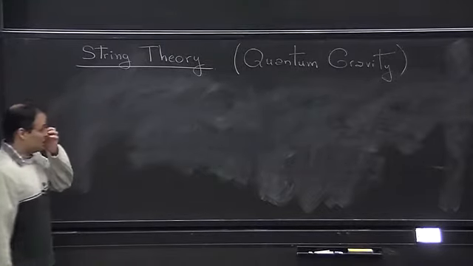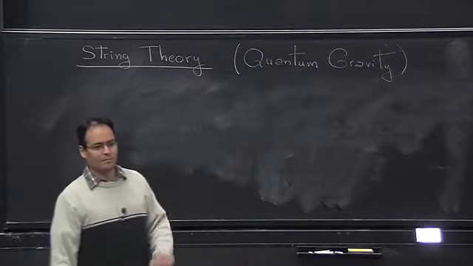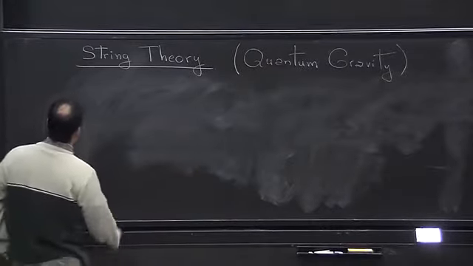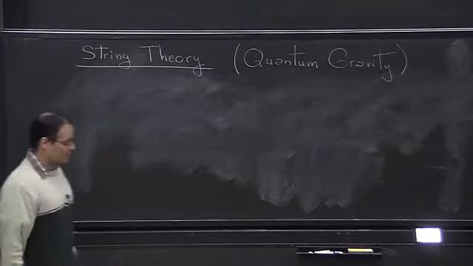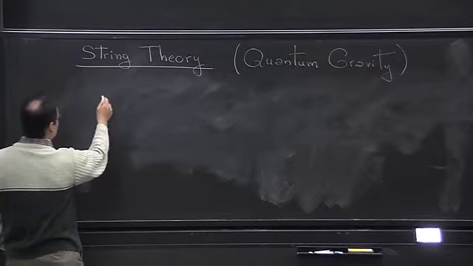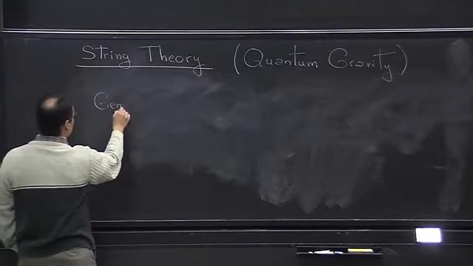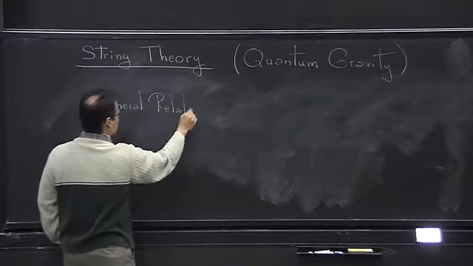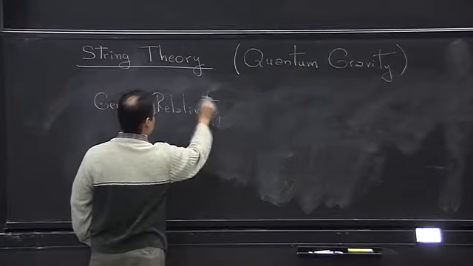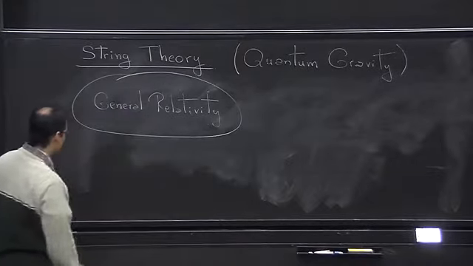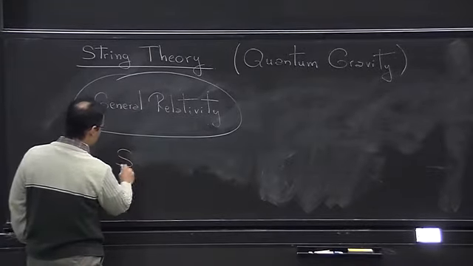So let's start a little bit from the beginning and say, well, what have we learned in the 20th century? We have learned that we have general relativity. Okay, that's a very nice and successful theory.